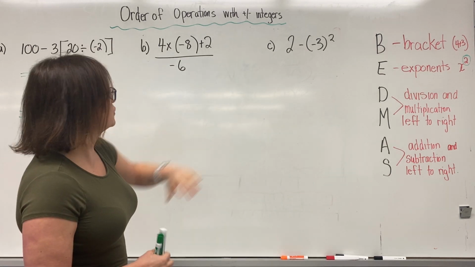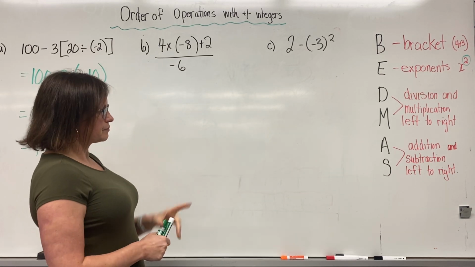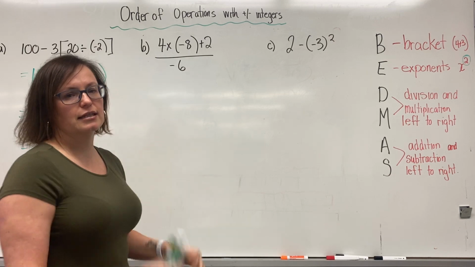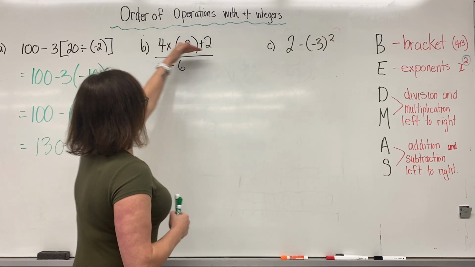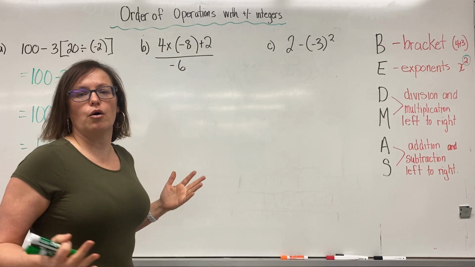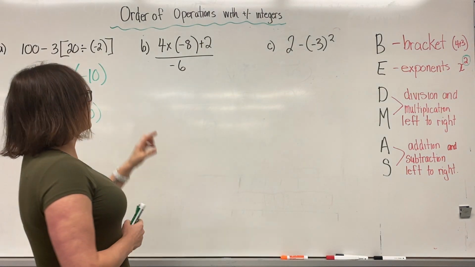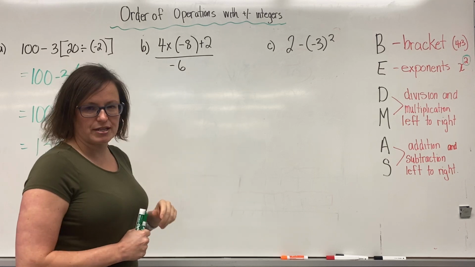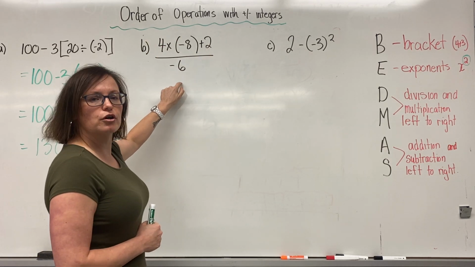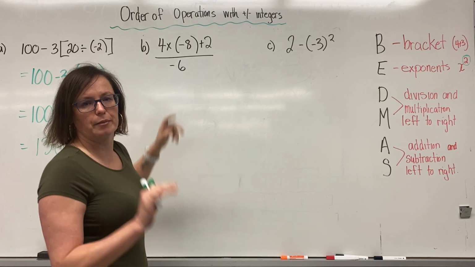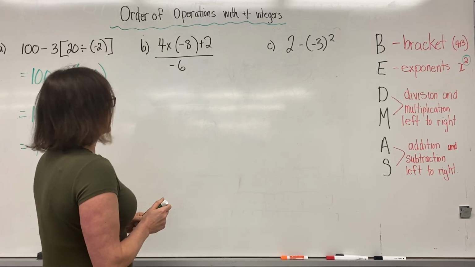All right? So I go down to exponents. There are no exponents. Division and multiplication left to right. Now, this one, we have our division sort of below. How does that fall in? Well, for an equation represented like this, you need to solve the top part of the equation before you can do the operation at the bottom. And I'll explain more as we move on.